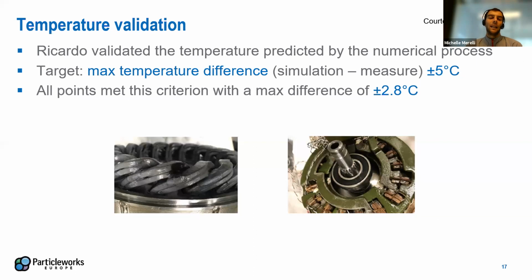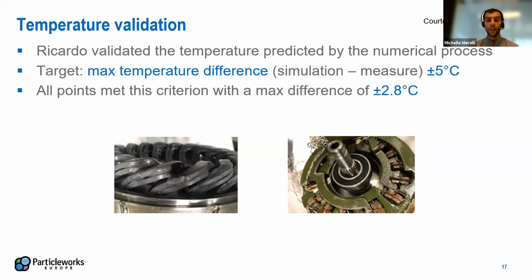What about the validation of this methodology? We did a very interesting comparison of the simulation results we were obtaining with this methodology together with Riccardo. Their objective was a maximum difference of 5 degrees between the simulated and experimental results.